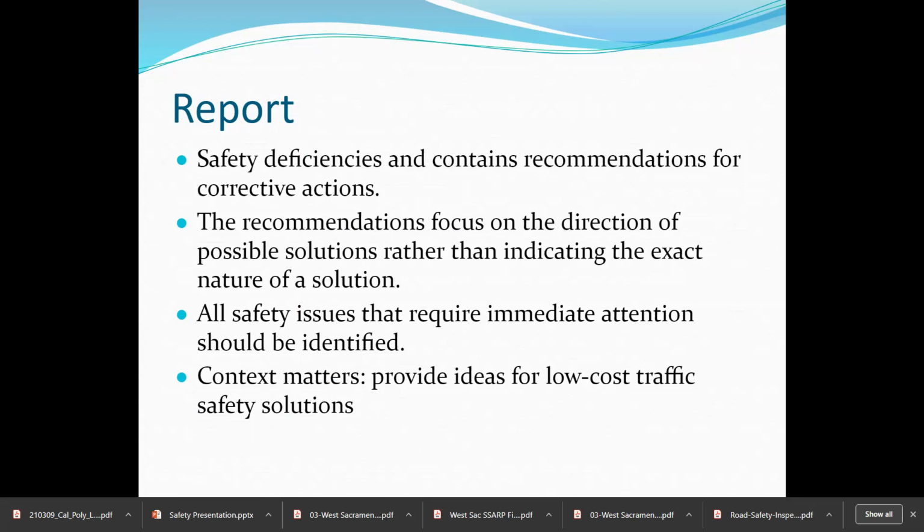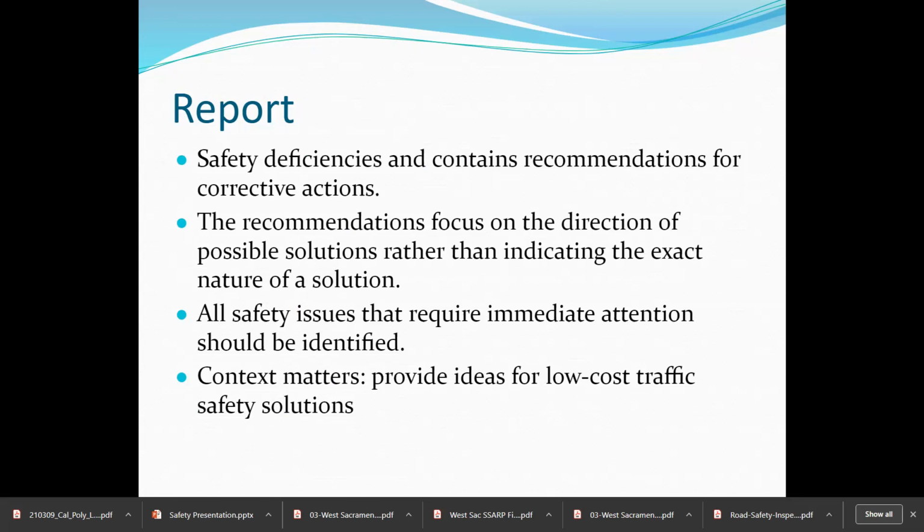You could talk about specific solutions, but not recommend them. So the recommendation should be, hey, why don't you look at speed management? And here are some ways of doing that, rather than saying, use this specific technique to reduce the speed at this particular location. Keeping it a little bit general is more beneficial so that the design team can then come in and have an open mind about what they want to do with it.